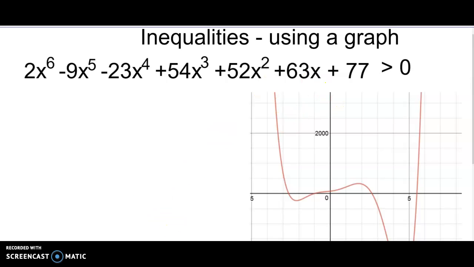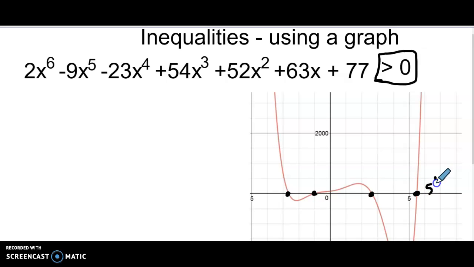Okay? Now let's take that inequality, that graph we just had, and use it to find when y is greater than 0. The nice thing is, guys, we can use this graph, that same idea we did with quadratics, the same thing we did with a linear equation. I'm looking, first of all, where I'm crossing the x-axis.